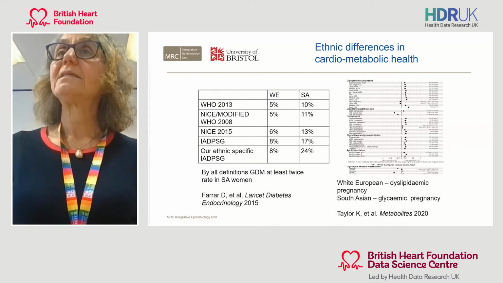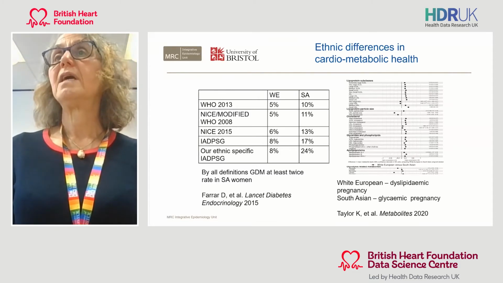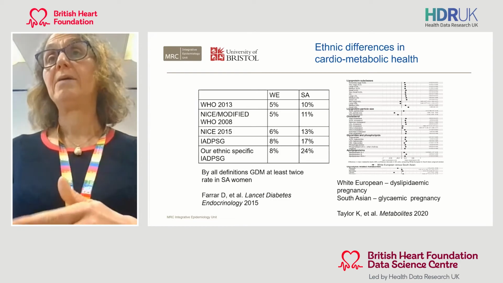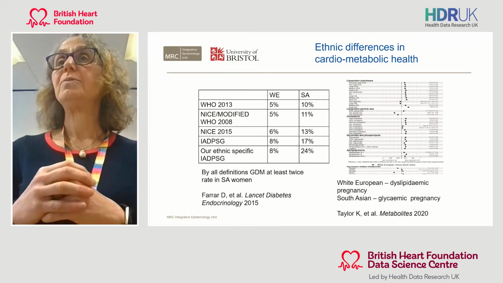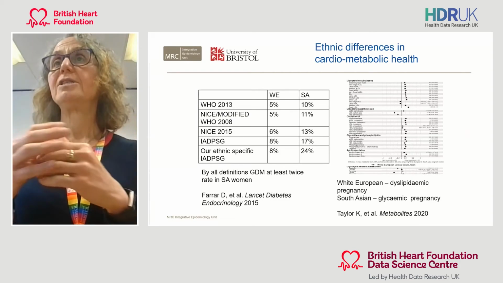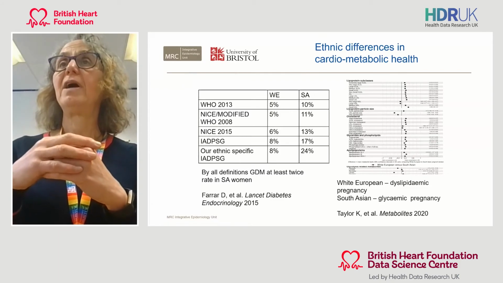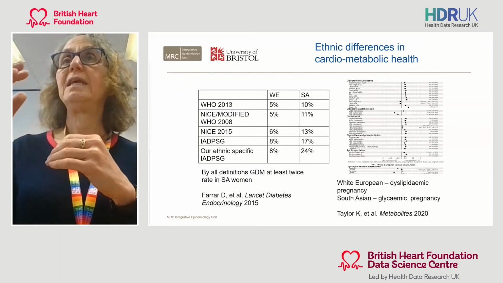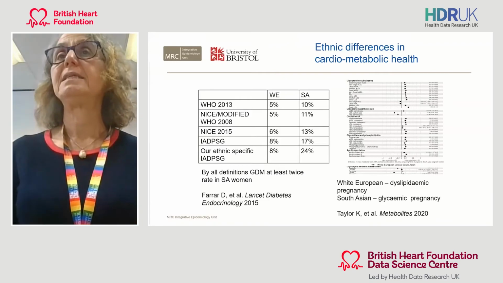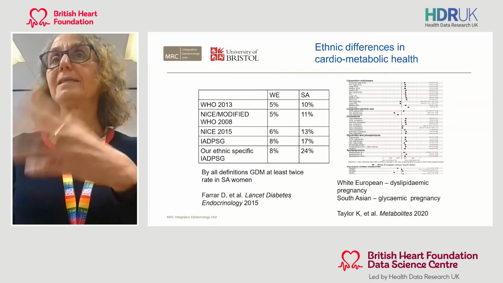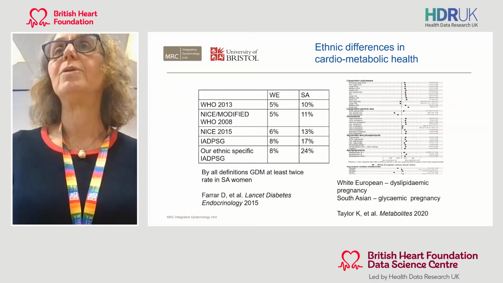But what we hadn't seen described before was that the white European women, in comparison to the South Asian women, have a much more dyslipidemic pregnancy. So a tendency to have a sort of increase in the lipids and cholesterols that are related to atherosclerosis. And that's something we're interested in exploring more.